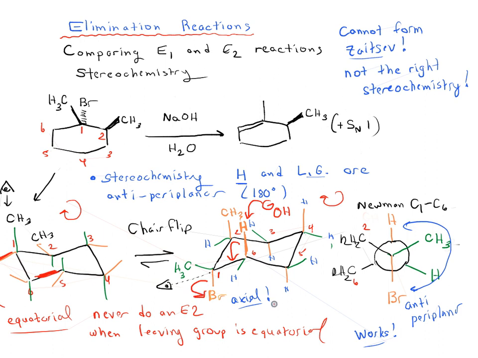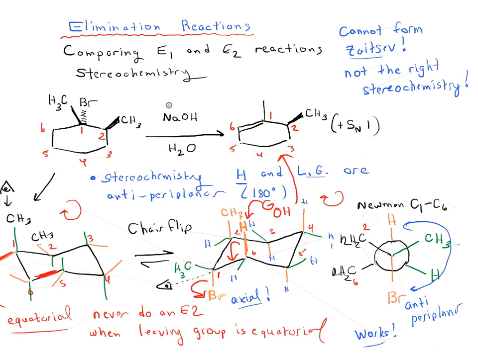And we're going to break the carbon-bromine bond, and that's what's going to lead to the formation of our alkene here, where carbon 2 still has that axial methyl group, and we formed a double bond between carbon 1 and carbon 6, carbon 5, 4, 3.